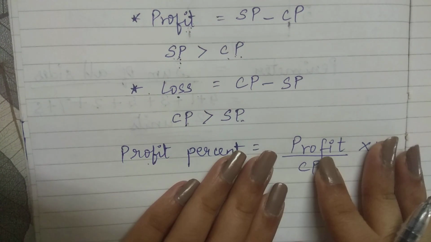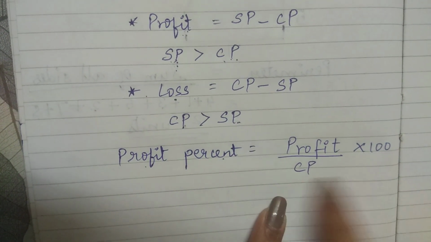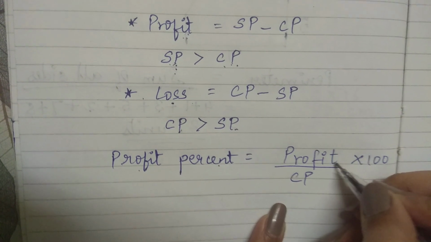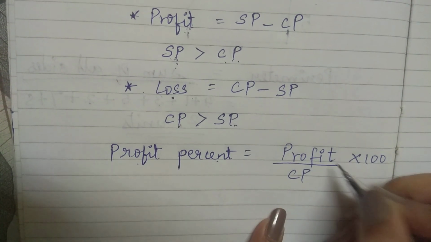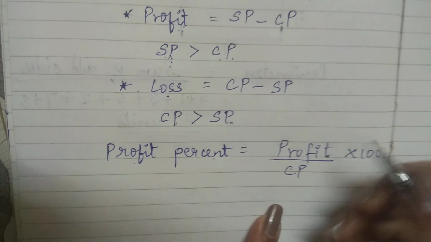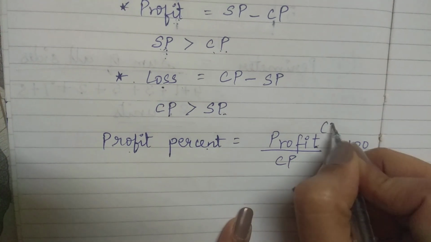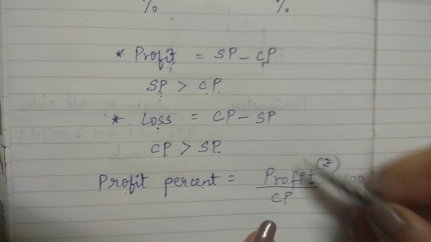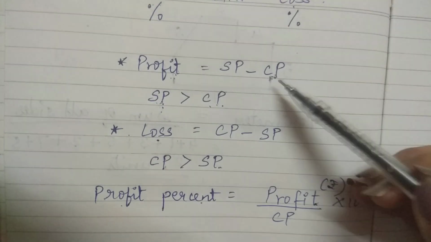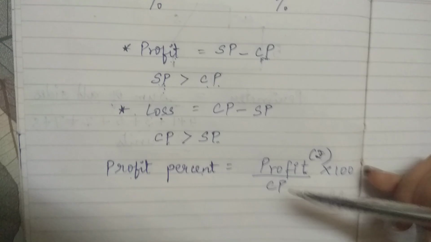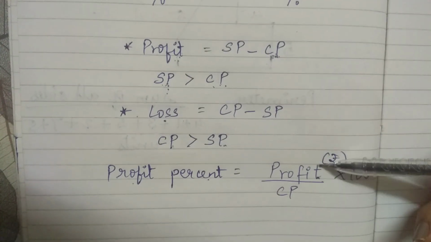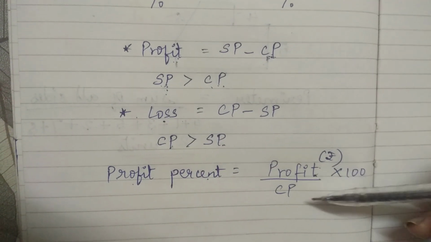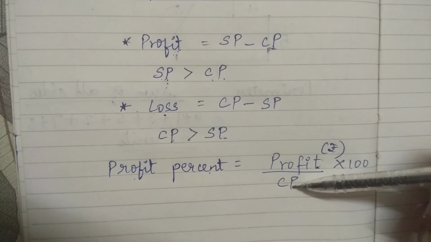Whenever we calculate a percent, now I want you all to focus on this part. Whenever we calculate a percent, we write the number of which we want to take out the percentage in the numerator. Now this profit is nothing but the amount which we will get from here. So whatever amount, that amount we need to convert into percentage, we write in the numerator, and in the denominator we write the base.